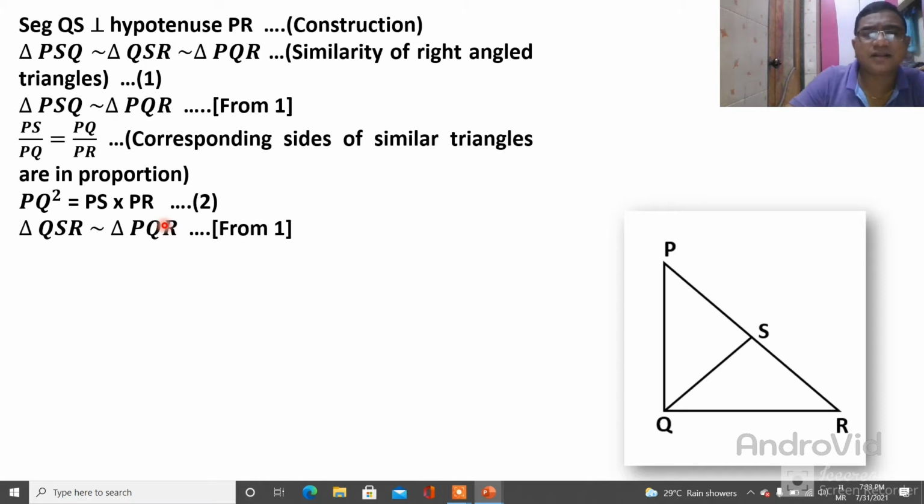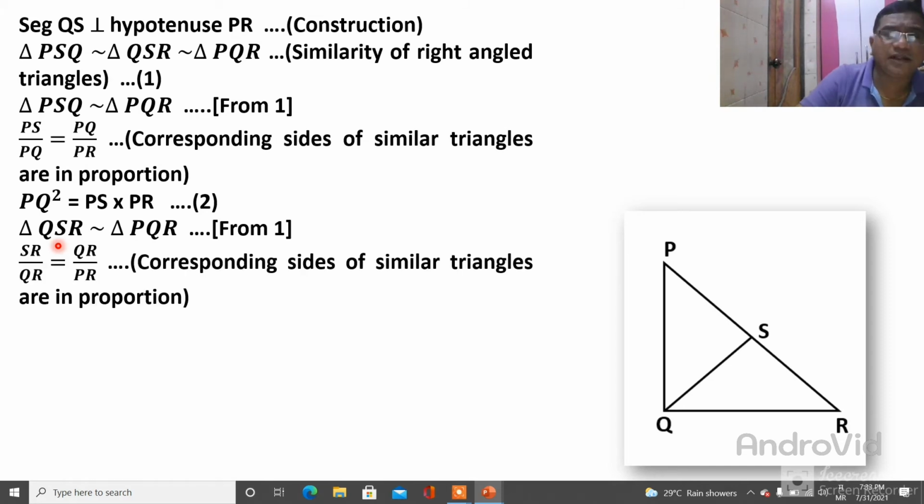Then take another triangle: QSR is similar to triangle PQR. So their corresponding sides are in equal ratio.